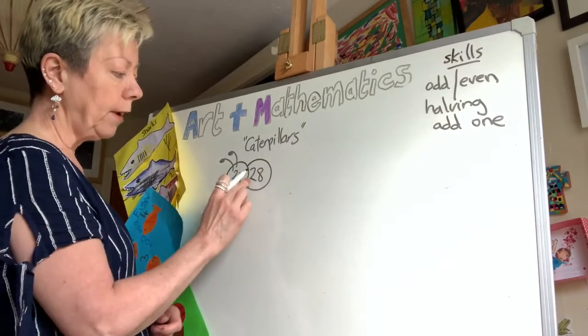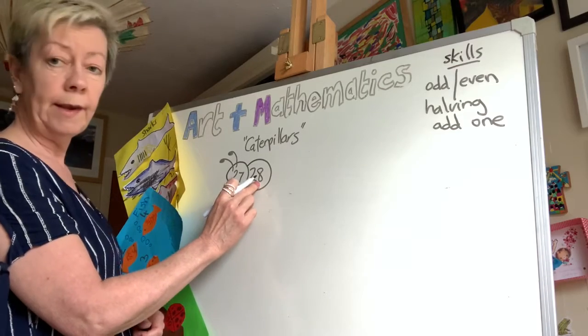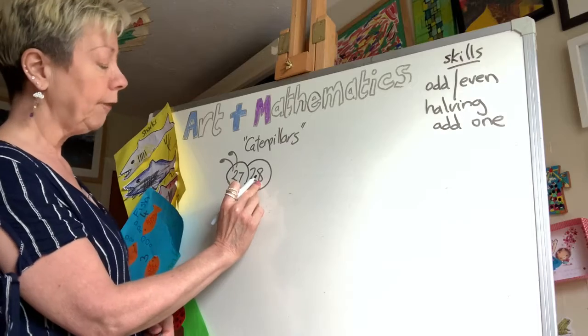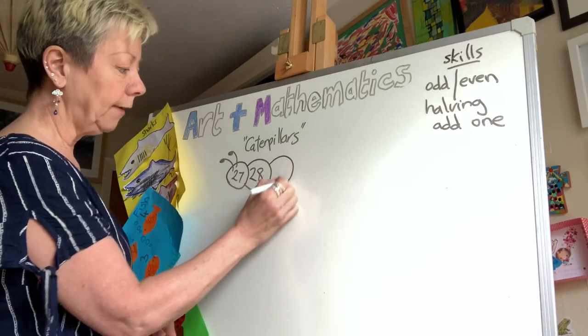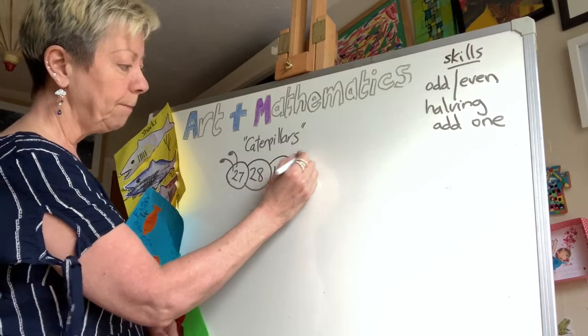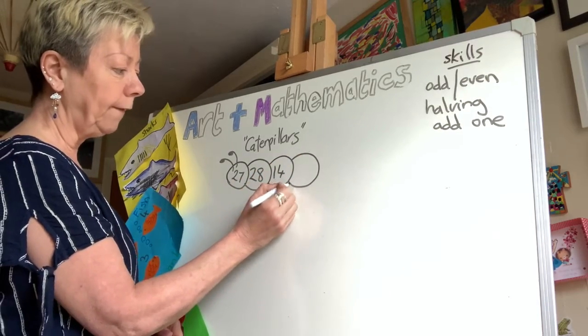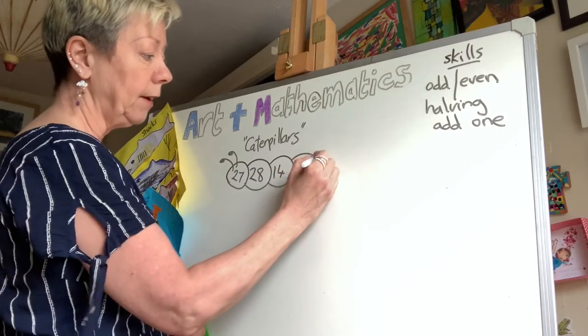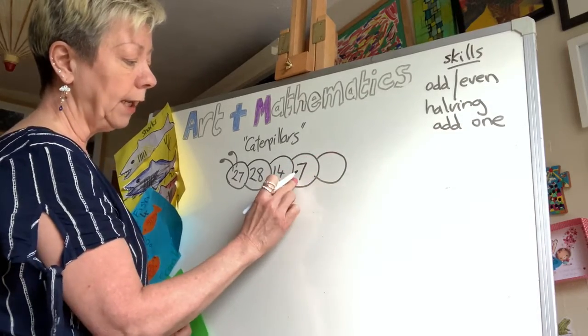28. 28 is odd or even? Well, it must be even now because they've added 1 to the 7. 8 can be divided directly in half. So half of 28 is, half of 20 is 10, half of 8 is 4. Can I have 14? Well, you probably already know that 7 and 7 is 14. So I get 7 here. 7 is odd or even?